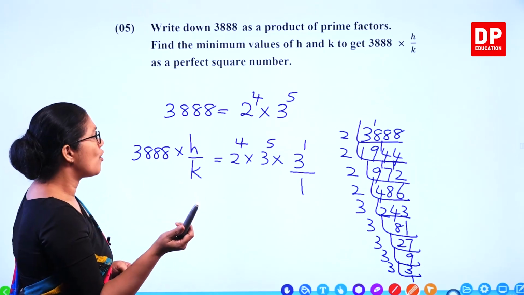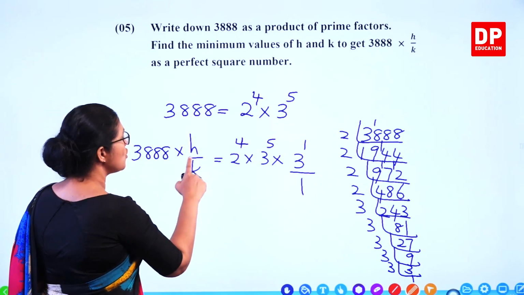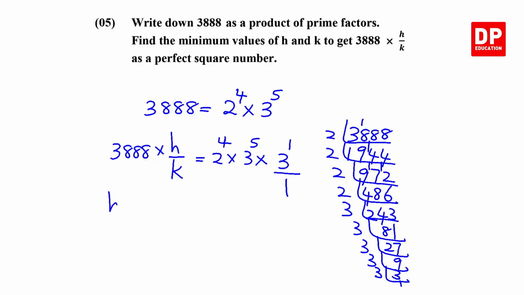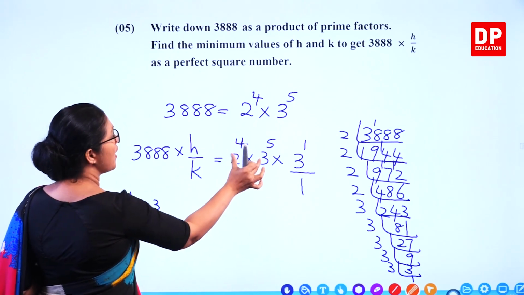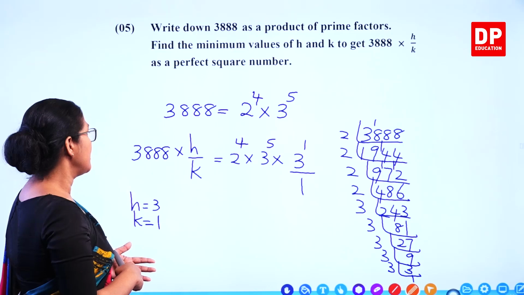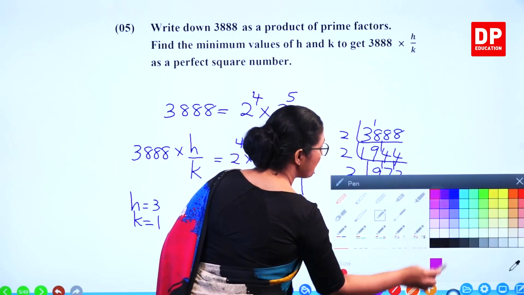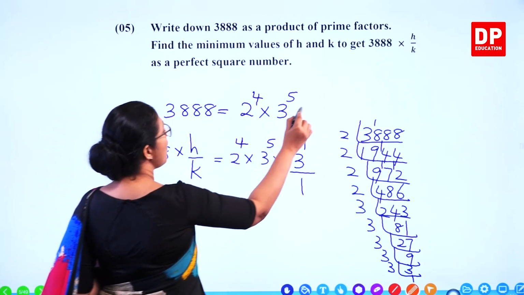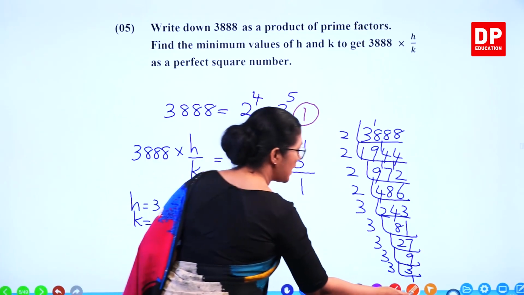So we need to find the minimum value of h and k, so we can take k as 1. Then what happens if h is 3, k equals 1? That means you get a square term, even power for 2 as well as 3. So those are the two values. So you get marks: 1 mark for finding prime factors and 1 mark for identifying h and k.